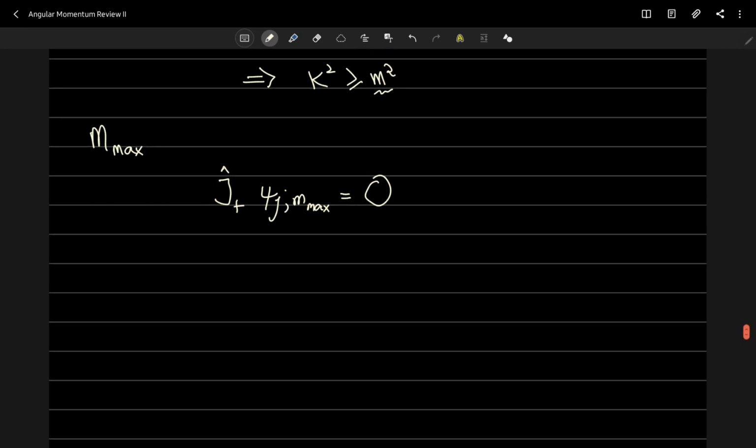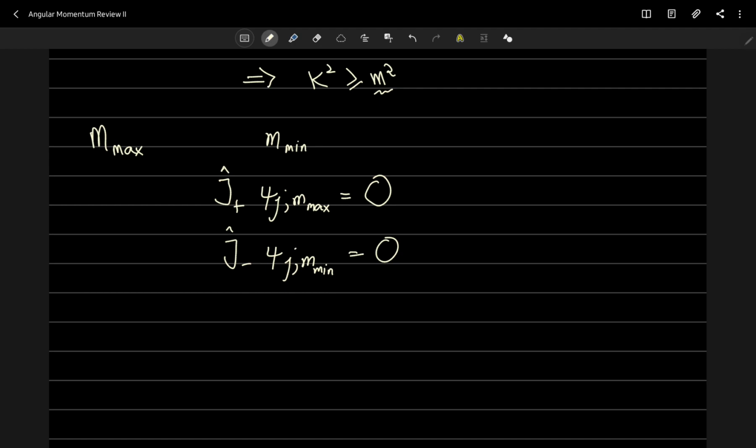And likewise, we could have some m minimum, some minimum value that m can have for a given angular momentum h bar k. Then if I take j minus and act it on psi j m minimum, that would also vanish.